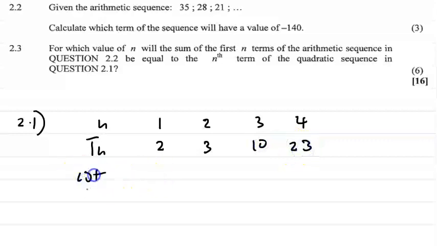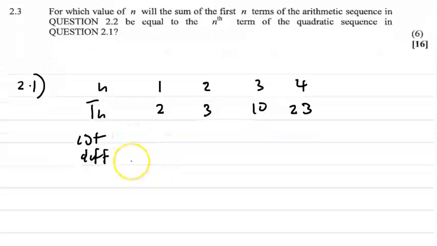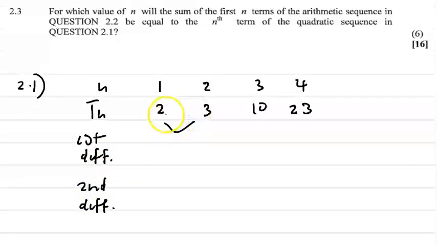Then I will now work out my first difference, because remember that they tell me that this is a quadratic sequence, and I will also work out my second difference. So my first difference is simply 3 minus 2 is equal to 1, 10 minus 3 is equal to 7, 23 minus 10 is equal to 13.